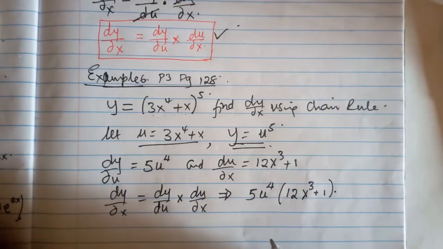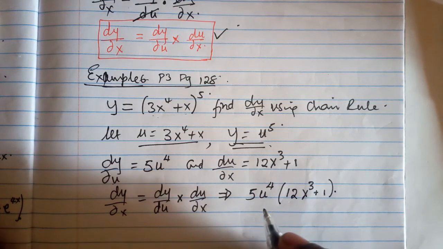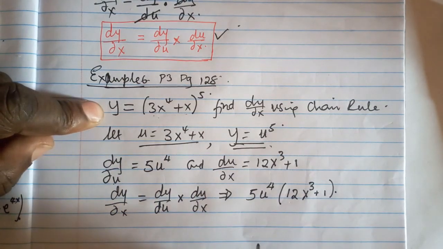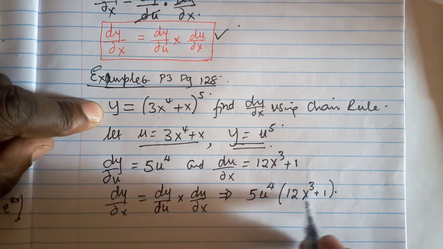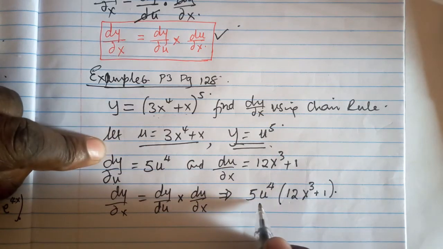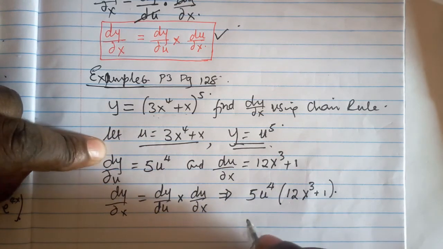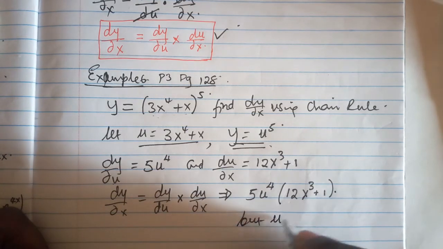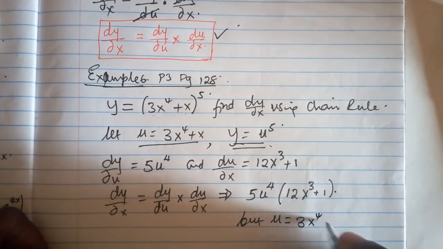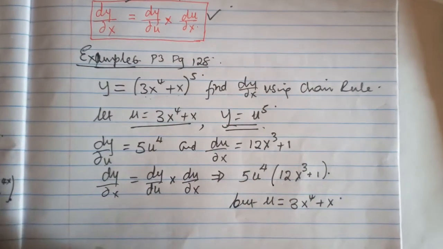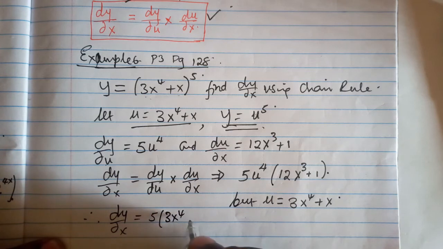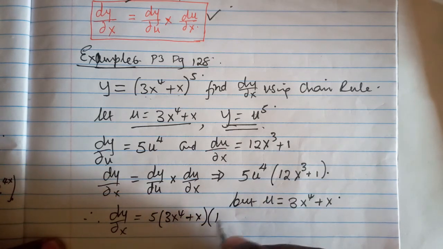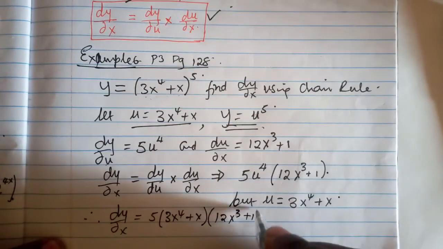At that point, we need to remember what our u was, because in the original expression we didn't have any u, so there is no way we can give our answer in terms of u. Therefore, u was 3x^4 + x, and dy dx is equal to 5(3x^4 + x)^4 multiplied by (12x^3 + 1).